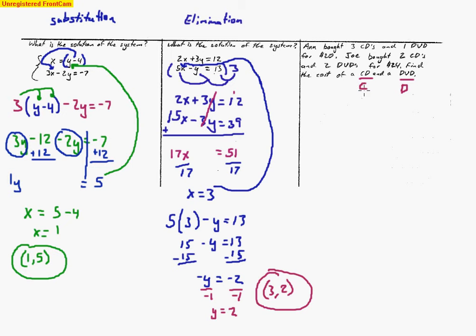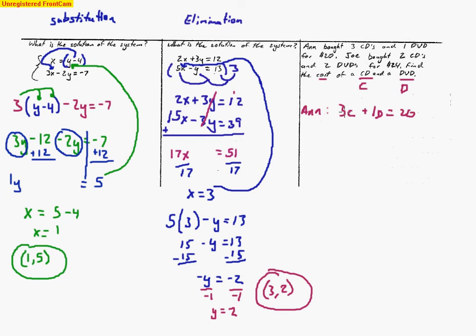So let's do this. Let's call C the cost of a CD, D the cost of a DVD, and let's write an equation. So let's write Ann's equation. We'll write hers first. Her equation: 3 CDs, 3 times the cost of a CD, and 1 DVD, so plus 1 DVD. And that cost was $20.